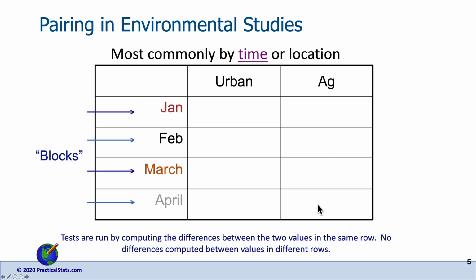Perhaps there's snowmelt or early spring rainfall in April, and so the fact that the ag sample represents that time of year is not a fair comparison to an urban sample that's not at that time of year, when that same type of event was not occurring. So time is one of the primary blocking characteristics in environmental science.